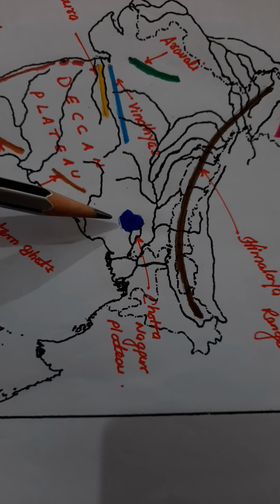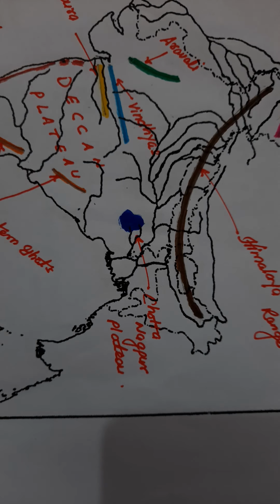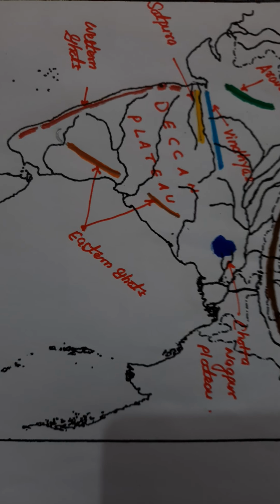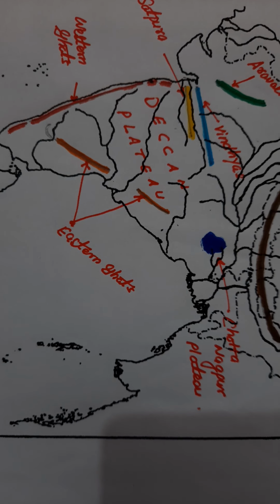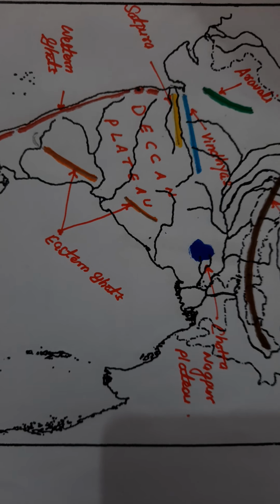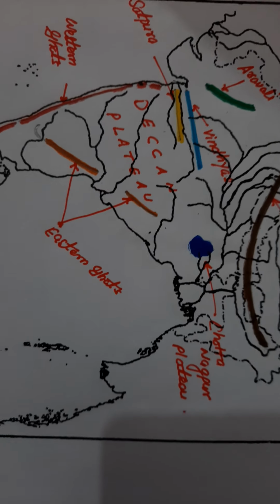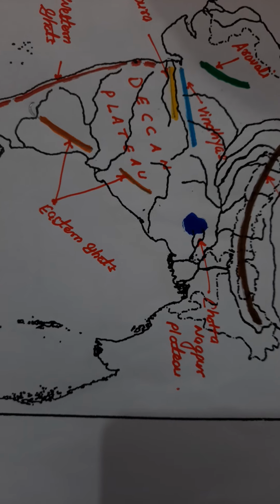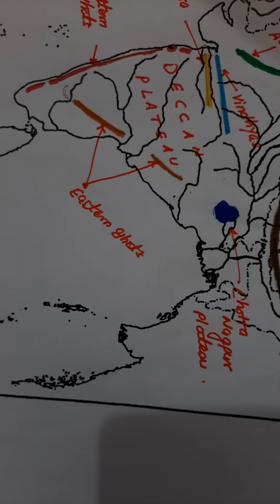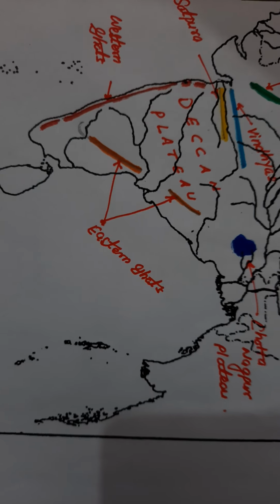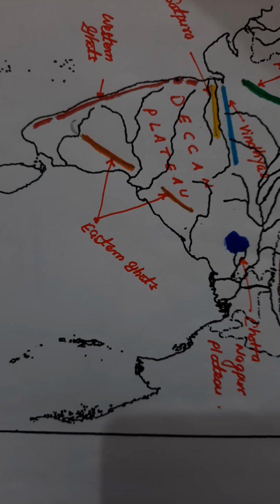Next we will talk about the Eastern and Western Ghats. Now you can see this is peninsular India, the South India, also called the Deccan Plateau area.